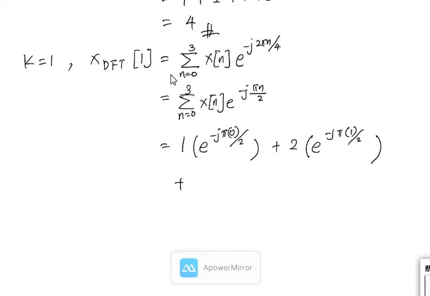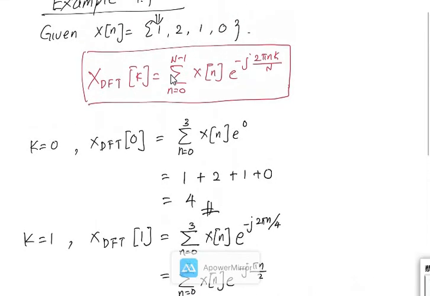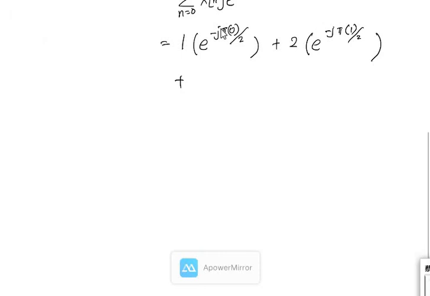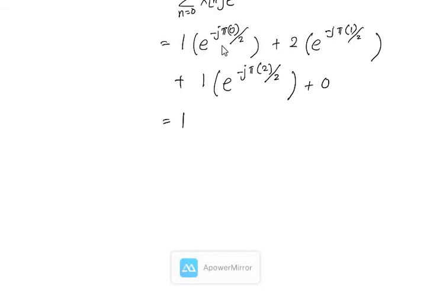Then plus the third x[n], that is 1, and the last one is 0. So the third one is 1 times exponent minus j pi with n equal to 2, divided by 2, plus 0. So we simplify: 1, and this one is exponent 0, so 1, plus 2 exponent minus j pi over 2, and then plus this one, exponent minus j pi.